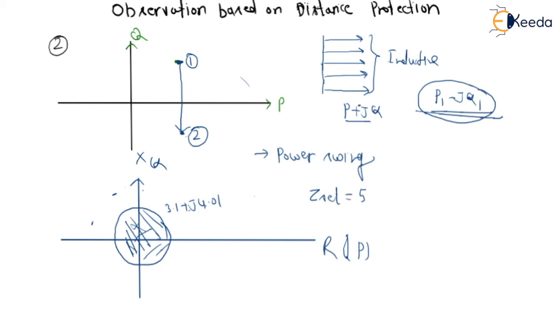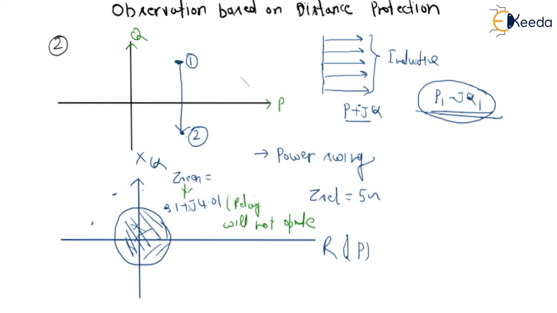If you see this point, it is 3.1 plus j4.1, and it is just outside this circle. So the relay will not operate, because it is outside the circle.